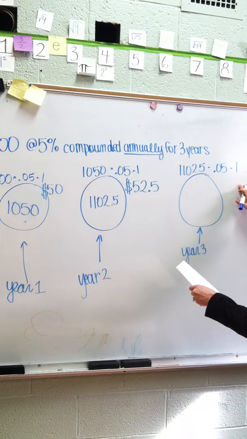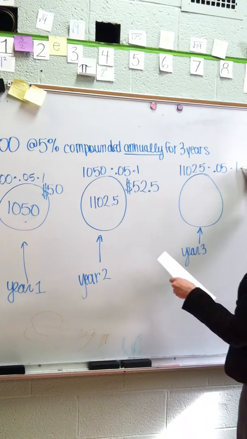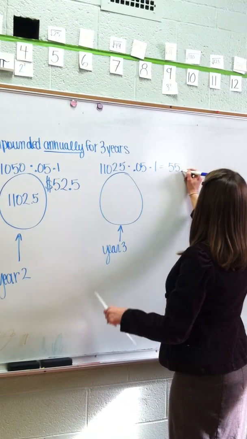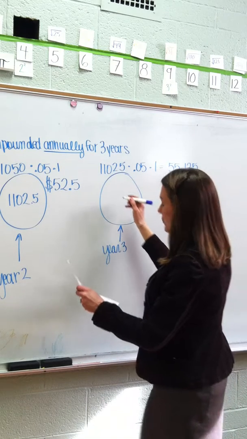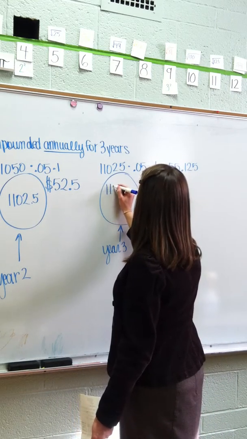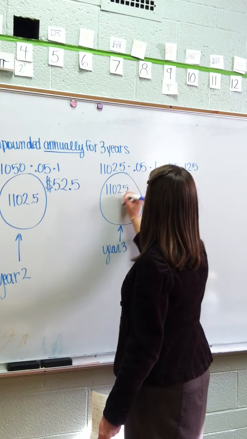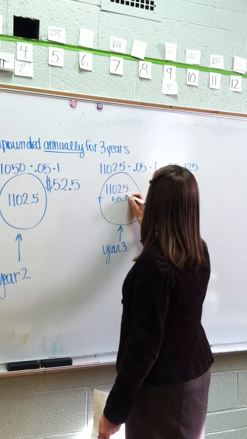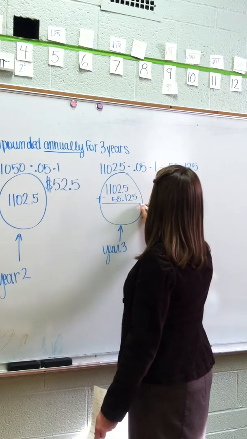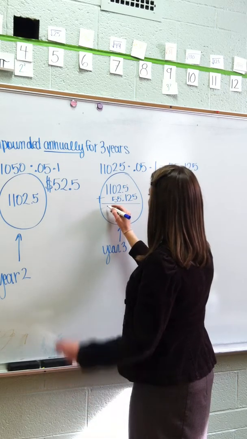So I've got, what do we have there? It's equal to 55.125. So at the end of year 3, I have $1,102.50 plus my 55.125 for a grand total of, what do we have?